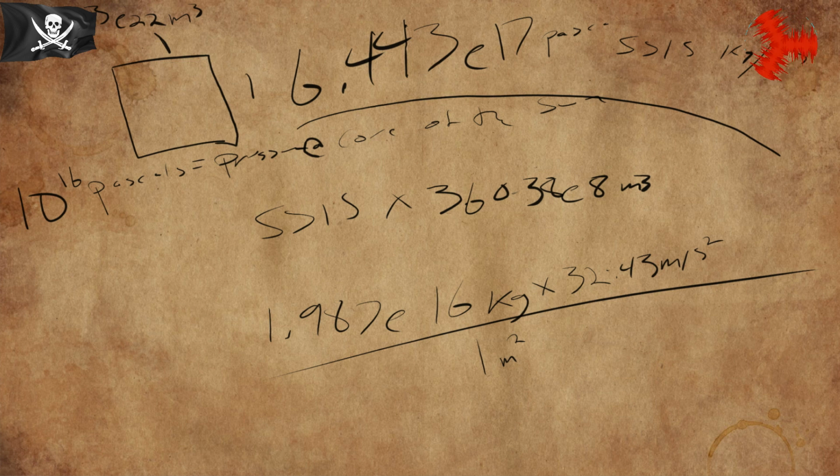That is actually how many times the pressure? I can divide this. Divide by 10 to the 16. So that is 64 times the pressure of the core of the sun, is how much pressure you would be under in the Nether.